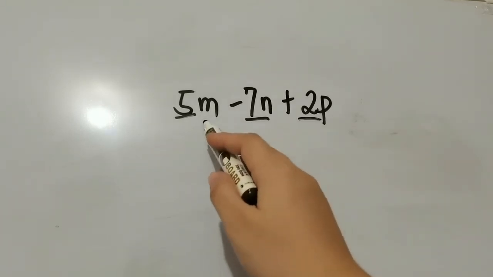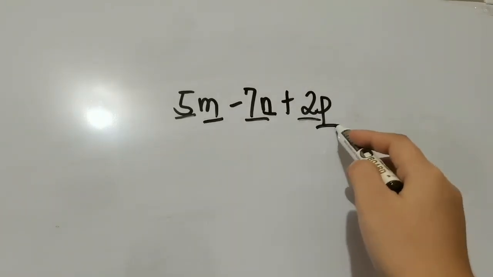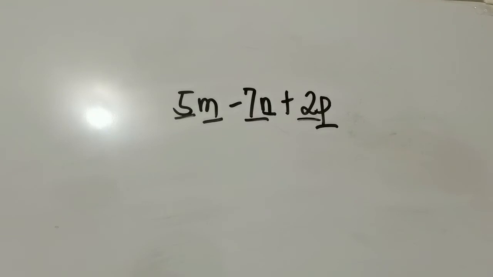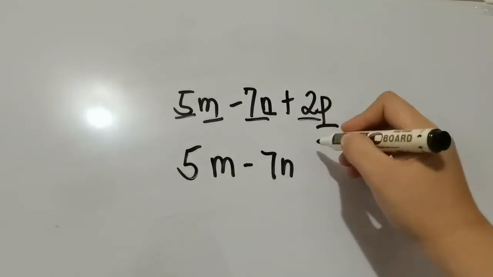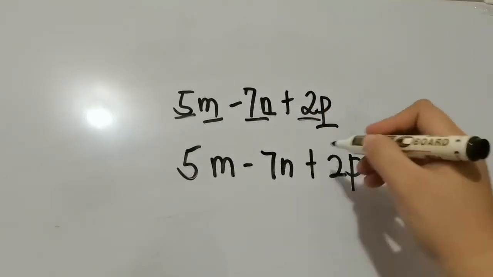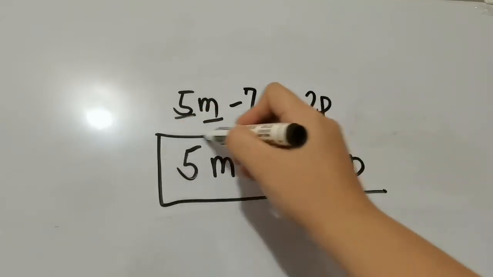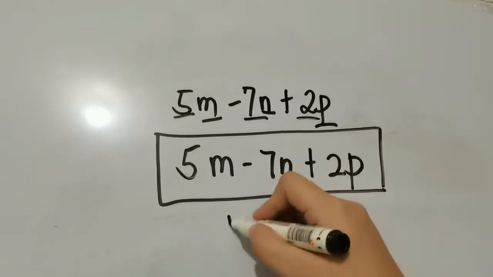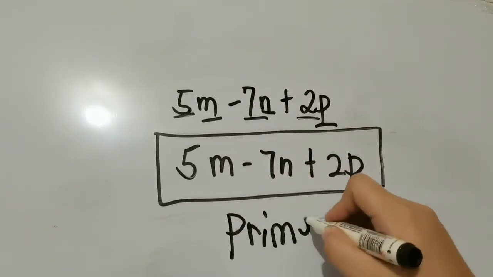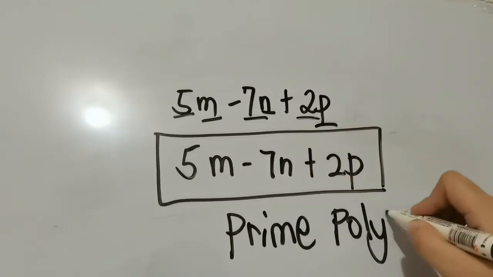How about m, n, and p? Do they have a GCF? None. Okay, if this happens, 5m minus 7n plus 2p is called a prime polynomial.